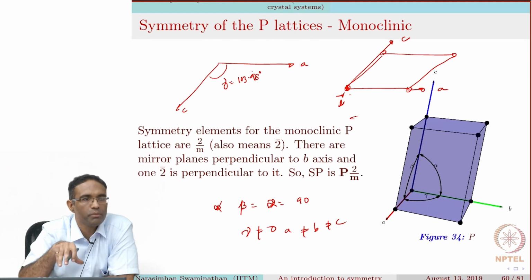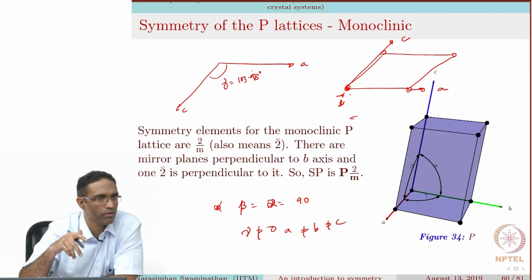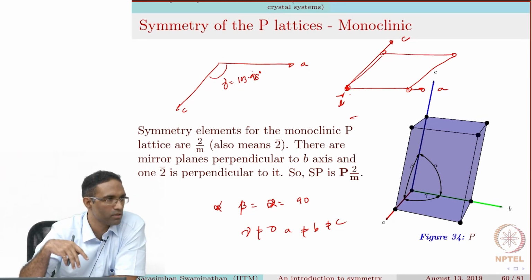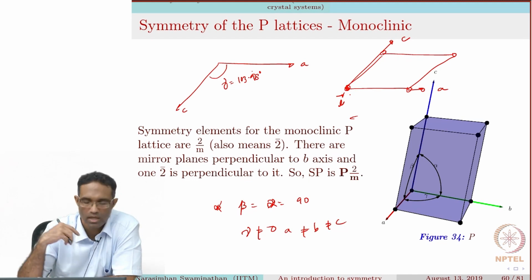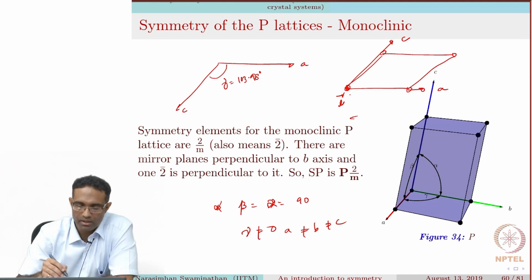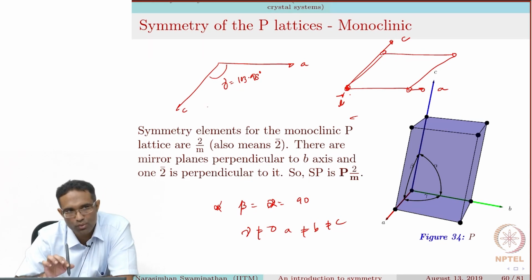This sort of information is present in the International Tables of Crystallography. We will show you some pages from that book hopefully in the next couple of lectures to see how exactly it looks. But the two-fold axis is generally chosen as the unique axis.